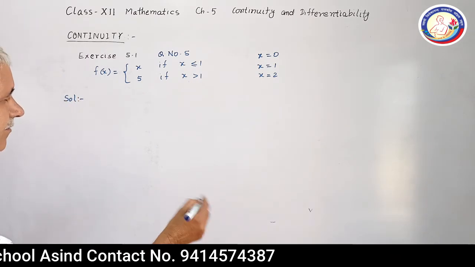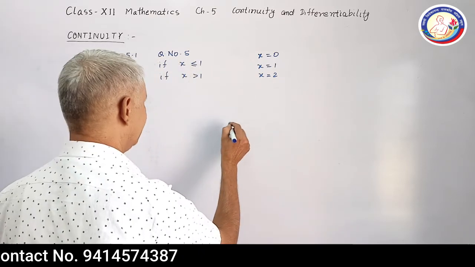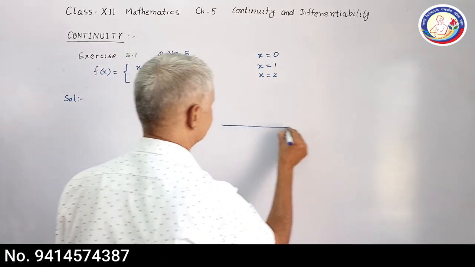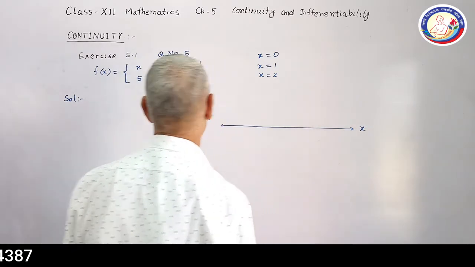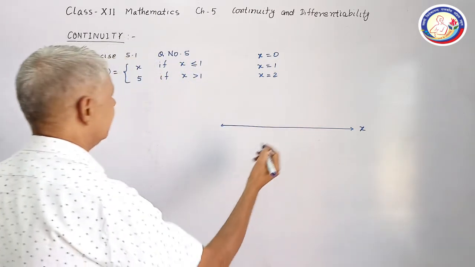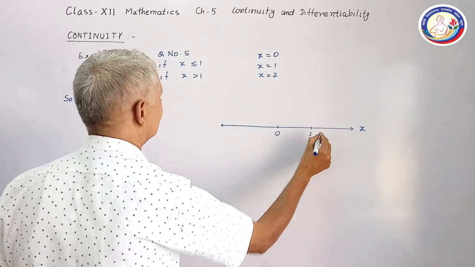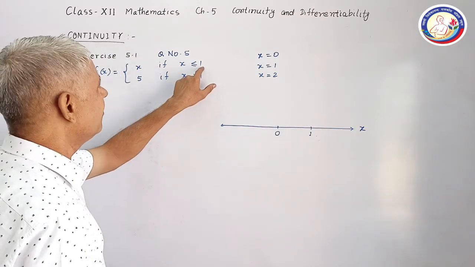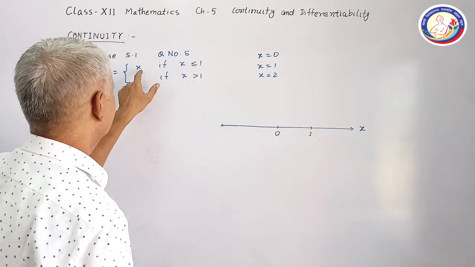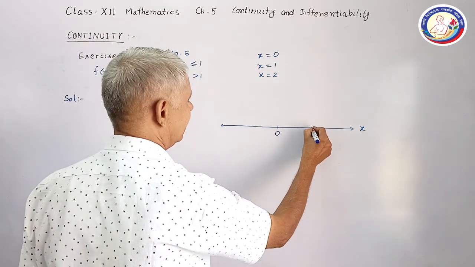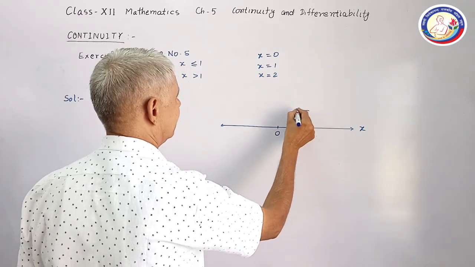Before this, I am again taking help of the split of values. This is the values of x here. I am not showing y here. This is our 0 and this is 1. If x is less than or equal to 1, then what is the value of this function? It is x, up to this point.